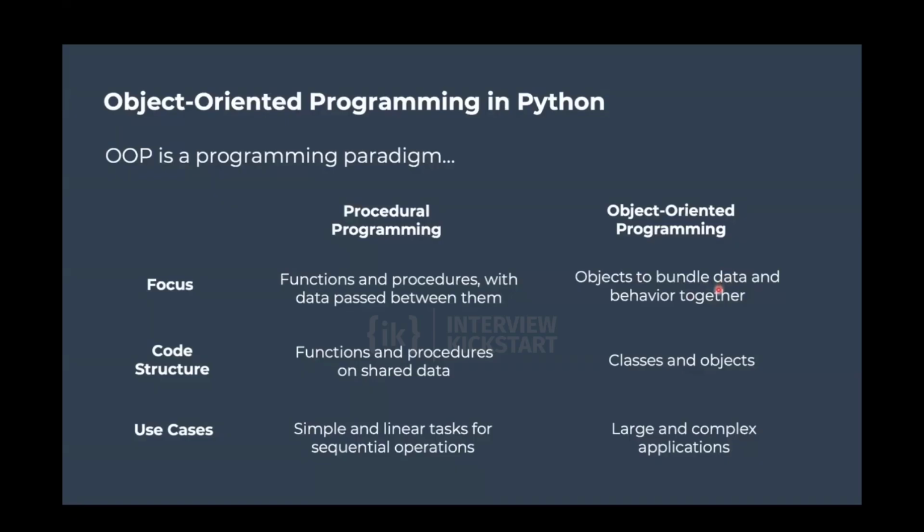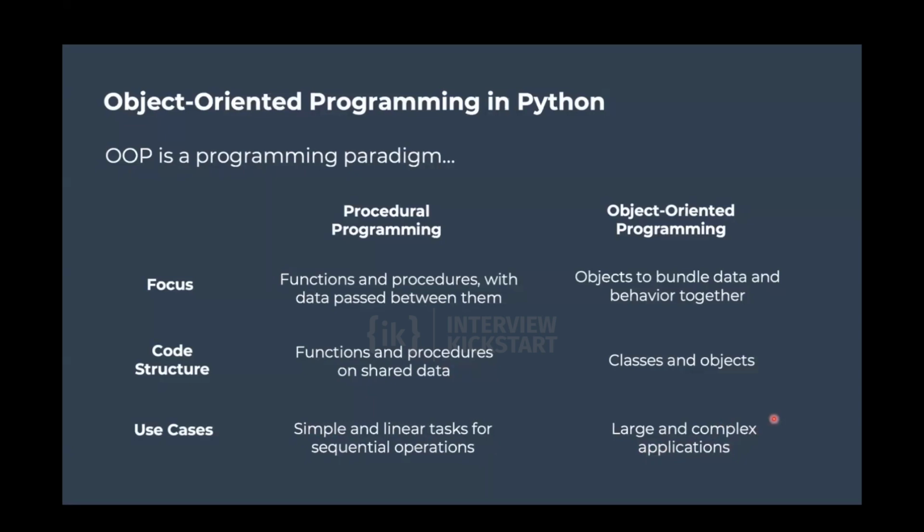You can even add more attributes to that, but you at least know that there is some parent class from which all this behavior is coming. So it's all about classes and objects, unlike procedural programming, which is about functions and lines of code one after the other on shared data. And object-oriented programming is usually not for simple, linear tasks, but for more complex and larger applications.